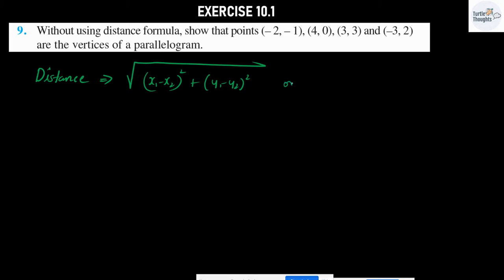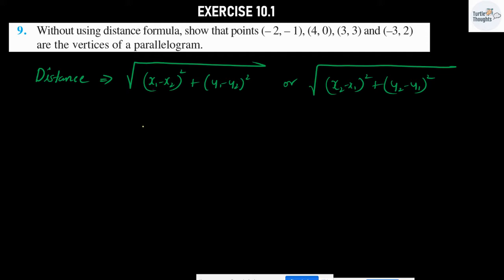I know that distance between 2 points is given by the distance formula, which is root of x1 minus x2 whole square, or you can write x2 minus x1 also, both are one and the same, right? Plus y1 minus y2 whole square, or you can write this as y2 minus y1 whole square.